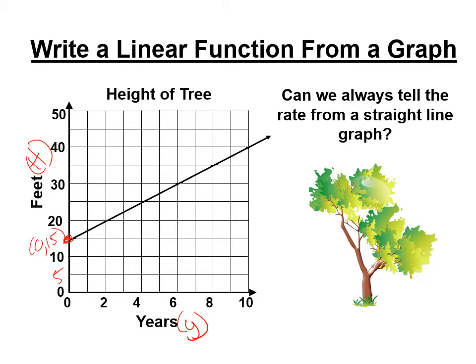Now, the tricky part of today: that is not a slope of 1/2. Why is that not a slope of 1/2? Well, these are going by 1s, so each box is worth a year, so the run here is 2. But the rise here is not 1. Why is it not 1? It's one box.